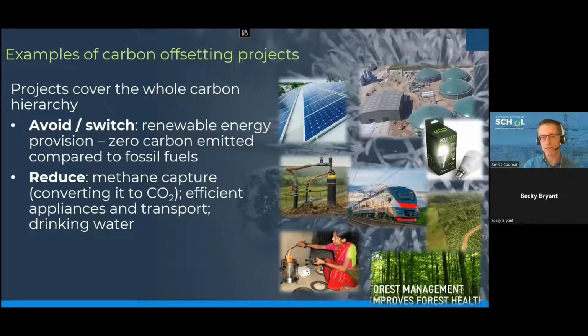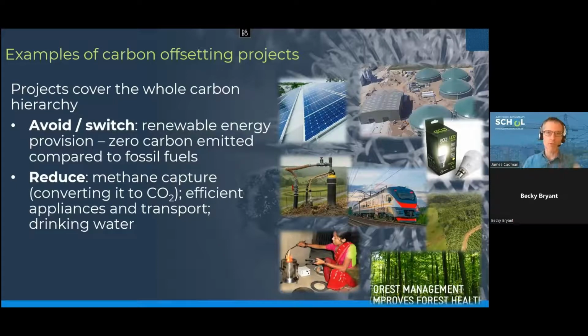Other examples include methane capture from landfill sites. Capture the methane, burn it through a turbine, through a generator, and make electricity, and you release the CO2. CO2 has a far lower impact kilo for kilo than methane does. So you're reducing that greenhouse gas impact directly. Other efficient appliances, the light bulb there is a good example.